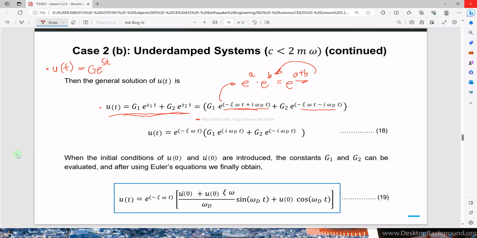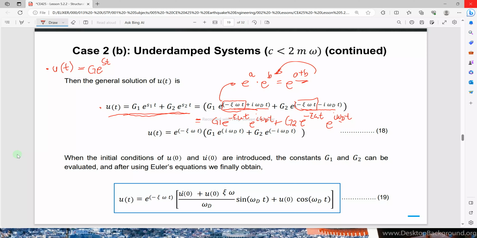So we have common factors here. The equation looks like G1 e^(-ξωt) times e^(iωd t) plus G2 e^(-ξωt) times e^(-iωd t). If you notice, we have two omegas: the natural frequency and the damped natural frequency.